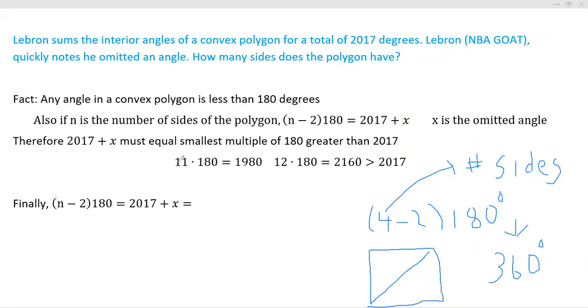And so this is just some arithmetic right here. This is too small, but this gets it done. 12 times 180 is equal to 2160, which is greater than the 2017. See, we're trying to make up the ground about the angle that was omitted in the calculation. So what we can see right here is this must equal 12 times 180.